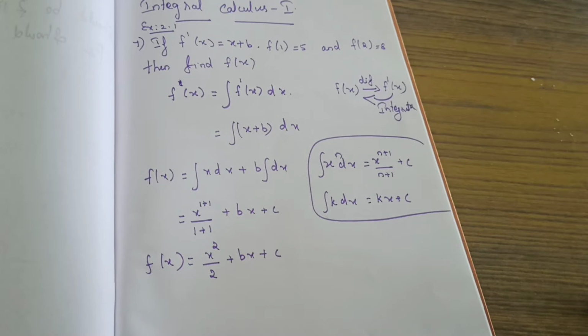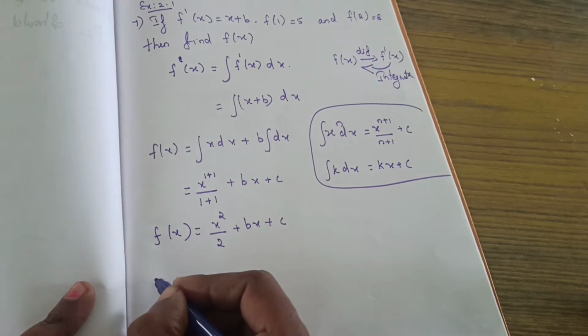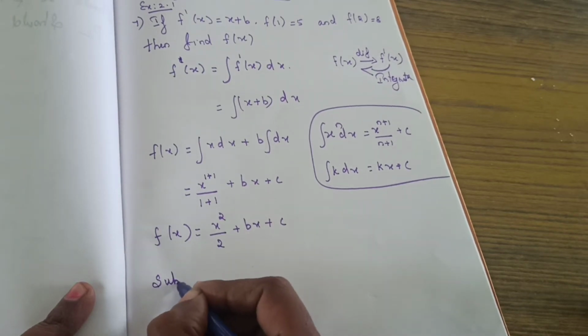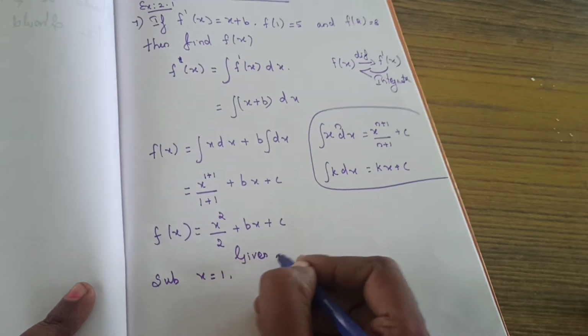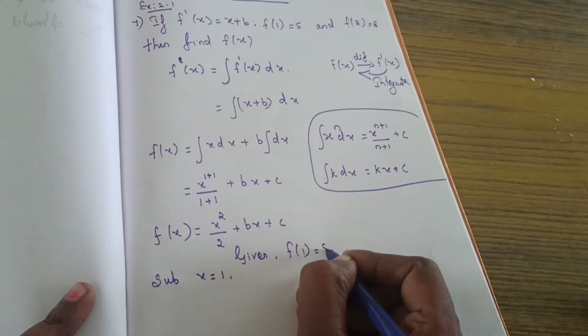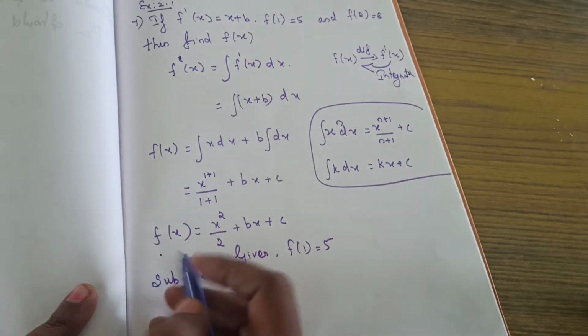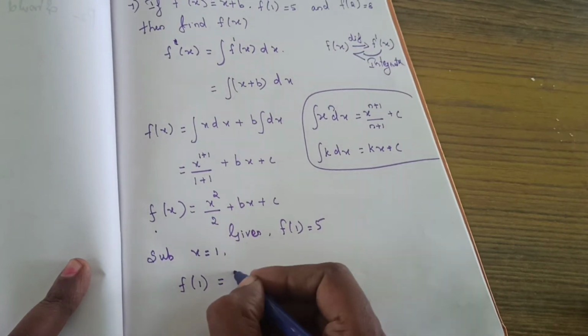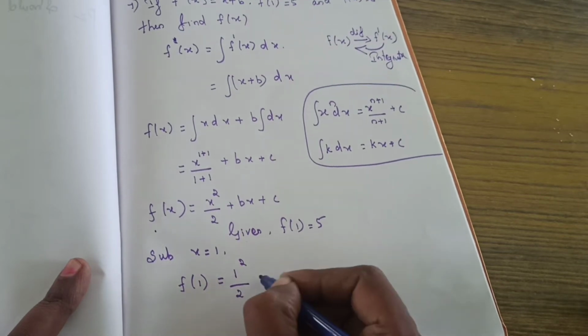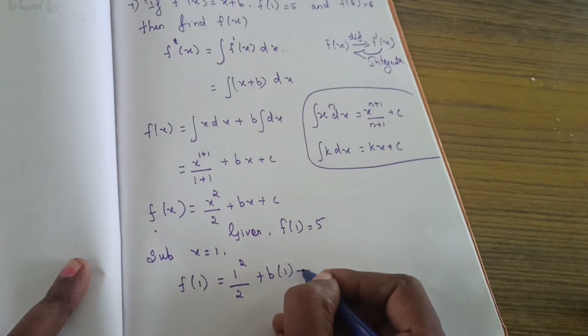Have you got it? Okay. Now in your given question they gave two values, f of 1 and f of 2. First we are going to substitute x is equal to 1. In your question f of 1 is 5. So substituting x as 1, f of 1 is equal to 1 square by 2 plus b into 1 plus c.